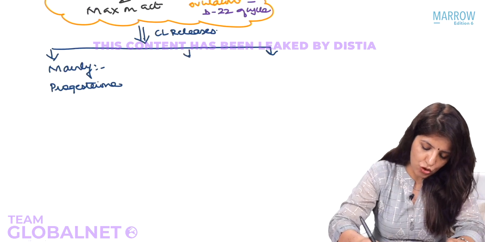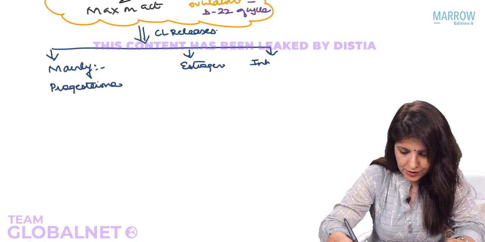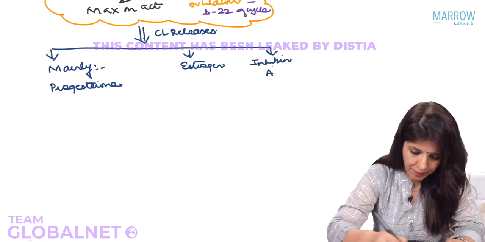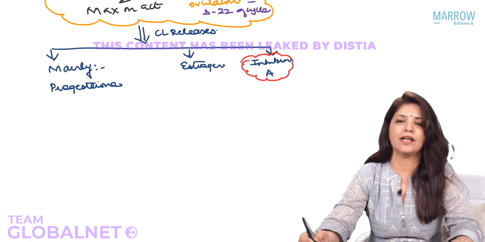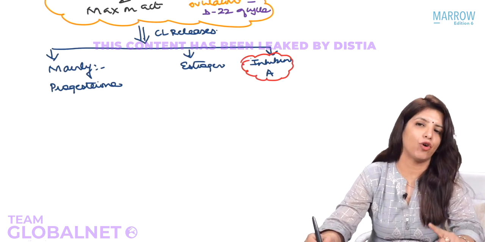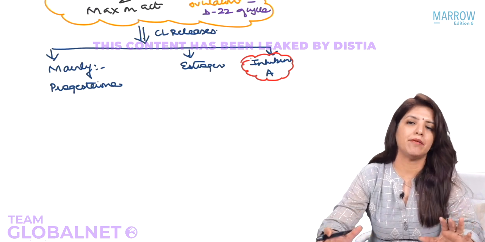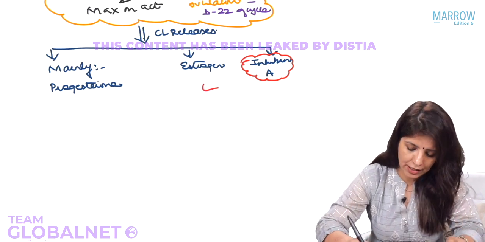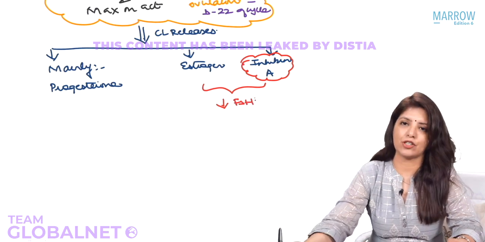Apart from progesterone, it releases estrogen and it releases inhibin A, right? Inhibin B was released by granulosa cell. Inhibin A is being released by corpus luteum. Now the function of estrogen and inhibin A remain the same, that is, they decrease the levels of FSH.